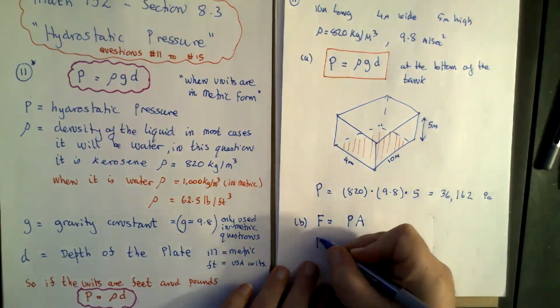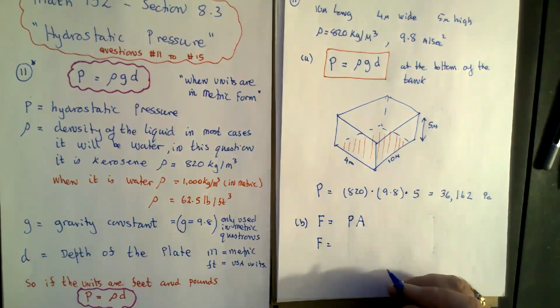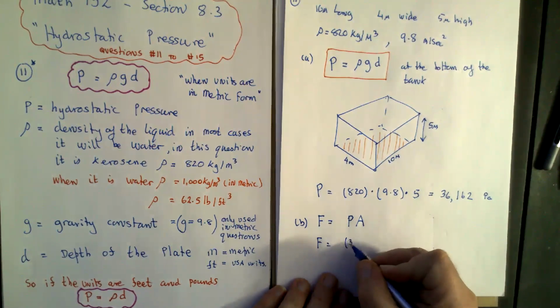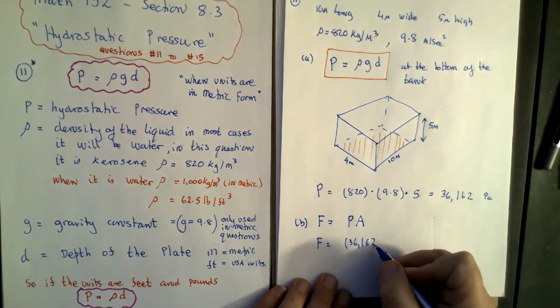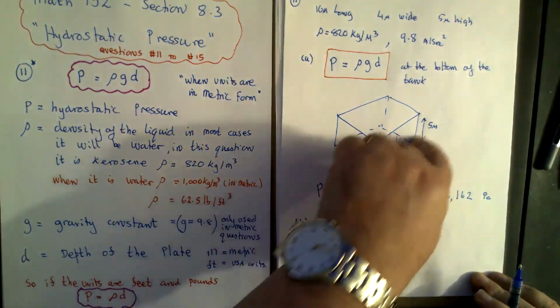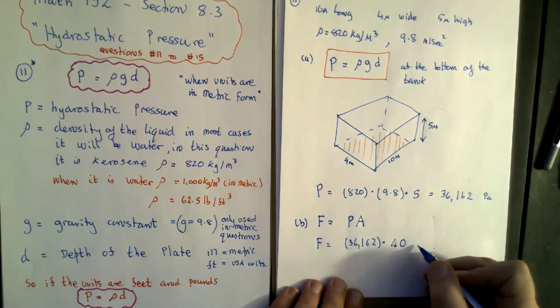So in this case, the pressure we already know is 36,162 times the area of this plate, which is 10 times 4, so times 40.